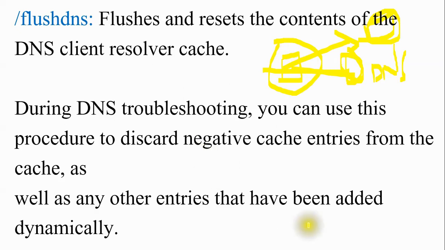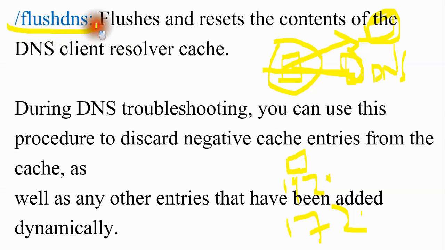For example, this is my client machine, and earlier I was using the 192 network as the DHCP server on my domain controller. I changed this to the 172 network. So it should take the IP address from there, but it is not taking it. In that condition, you can run this command, flush DNS.